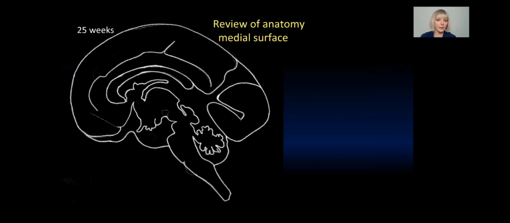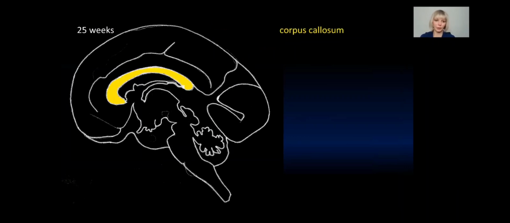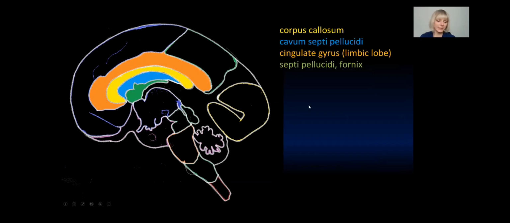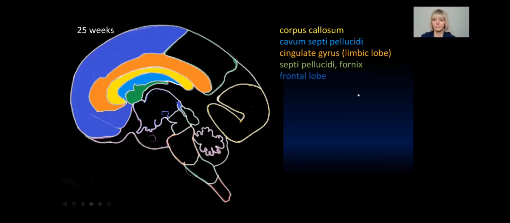So if we look at the medial surface of the brain, we can identify a number of structures, including the corpus callosum, the cavum septi pellucidi, the cingulate gyrus, which follows the contours of the corpus callosum from anterior to posterior. We have the septum pellucidum and the fornices.